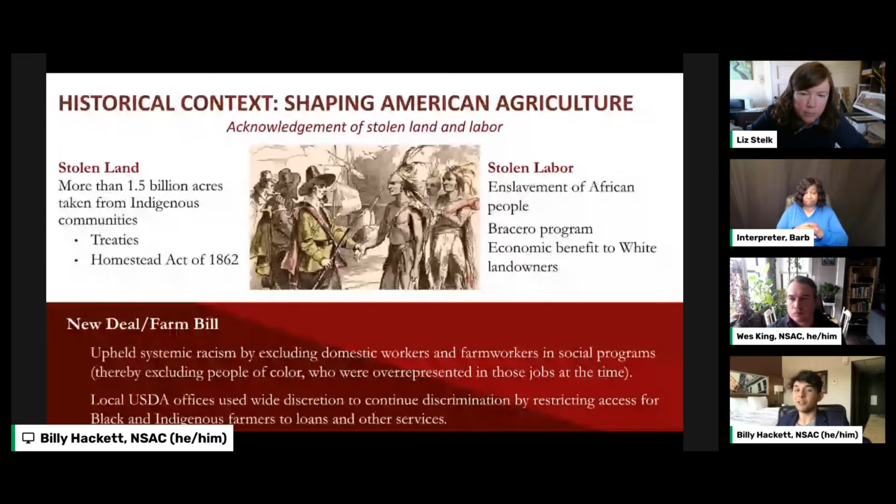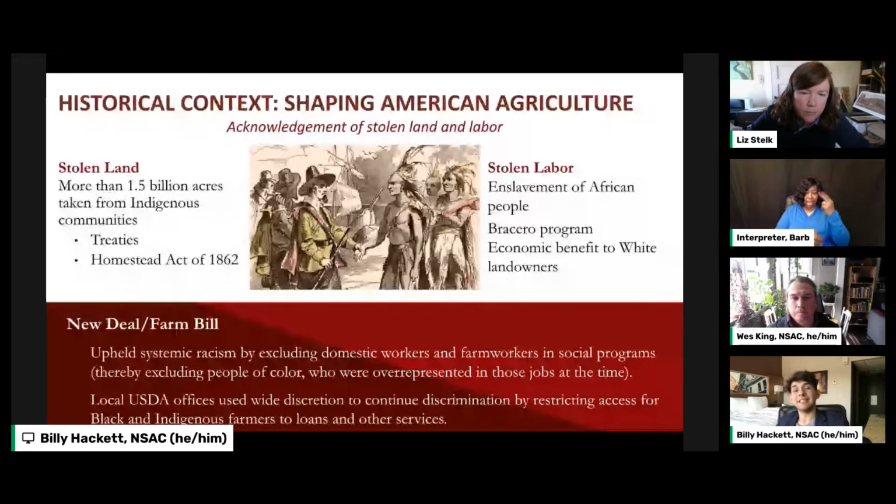There's also stolen labor. We need to look at and acknowledge the enslavement of African people, as well as the Bracero program, which brought Mexicans over during the World War II labor shortage, who were underpaid, if paid at all, and living and working in subpar conditions. Together, these kinds of labor practices and programs disproportionately benefited white, high earning landowners.